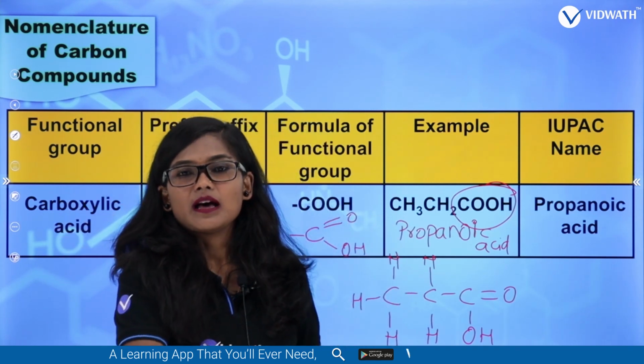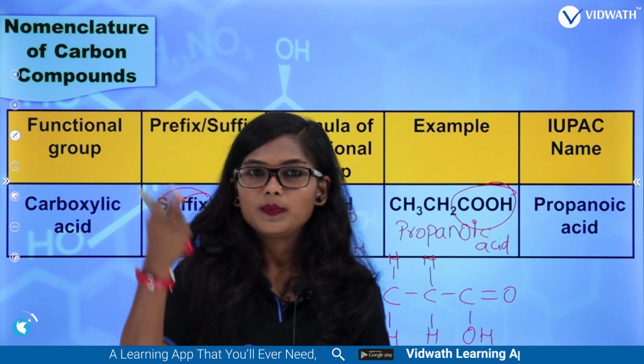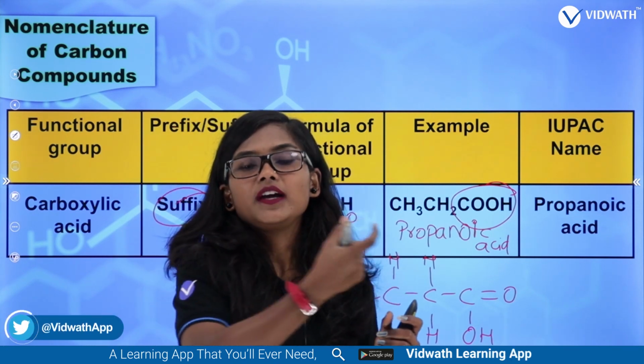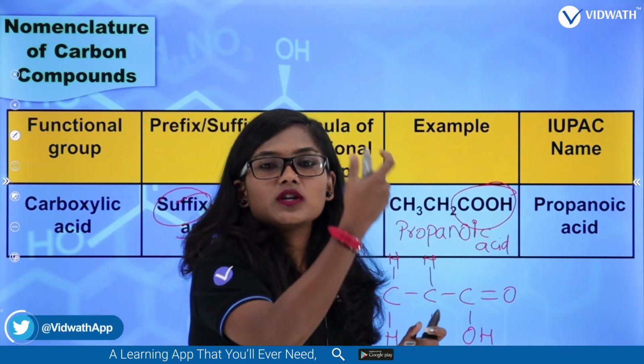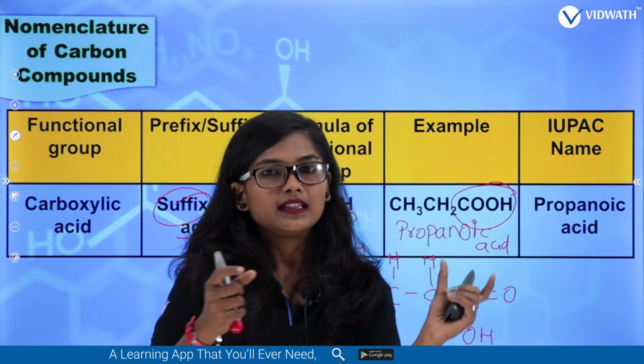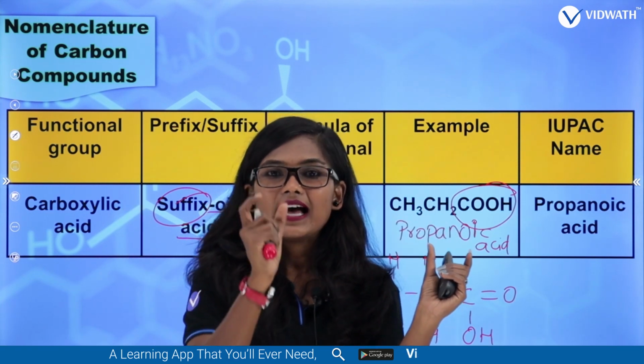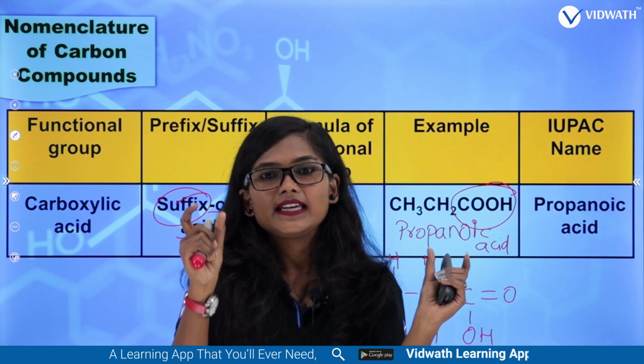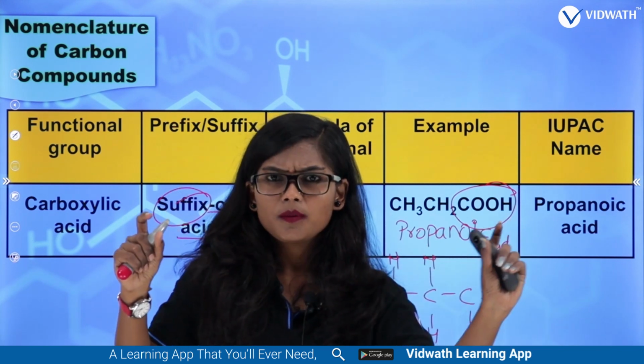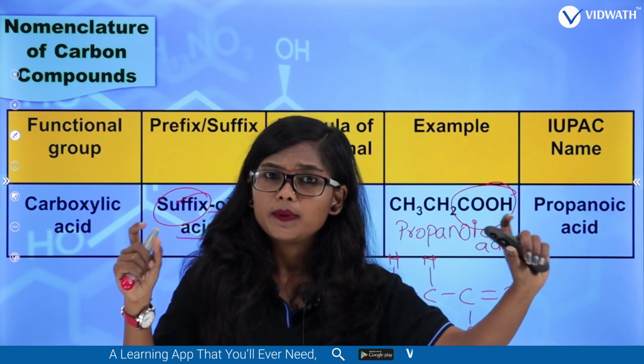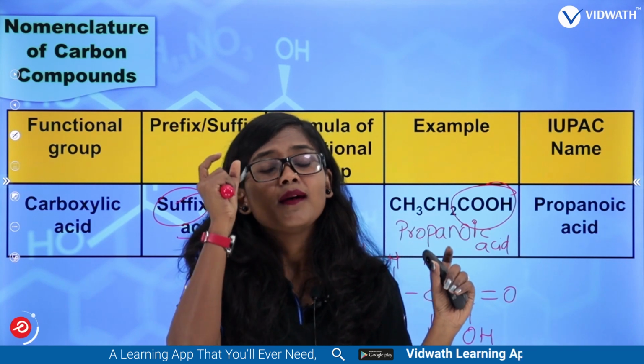If a carbon compound contains a halogen, we indicate the presence of that halogen in the compound by using it as a prefix, such as bromopropane, chloropropane.